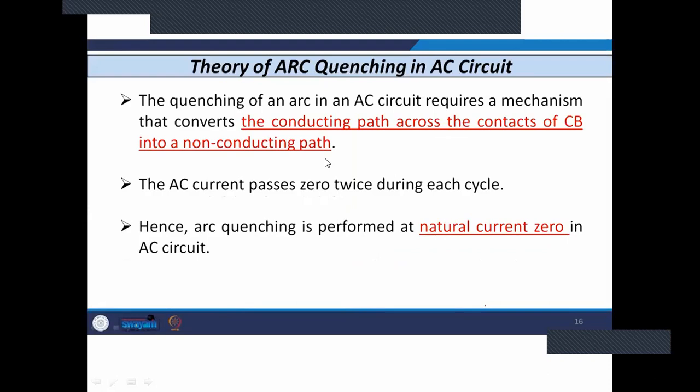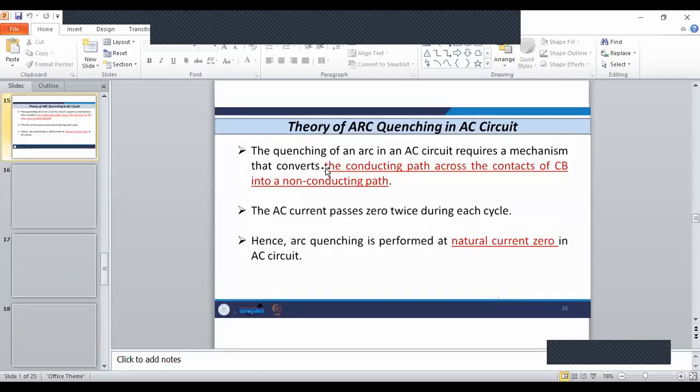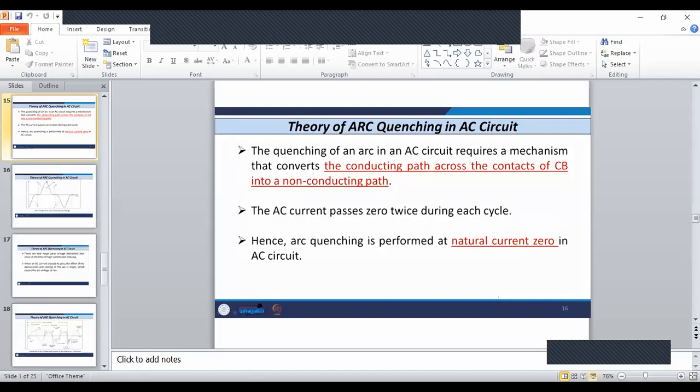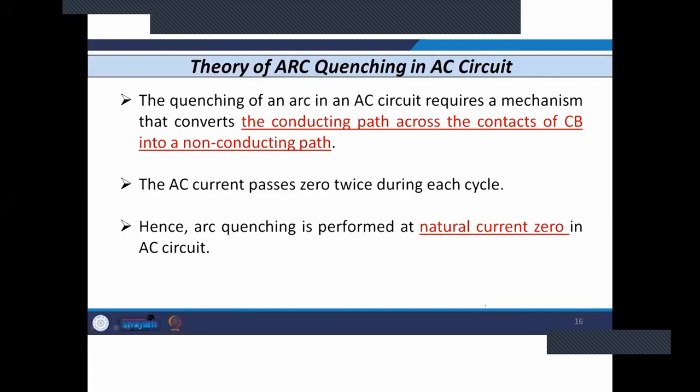The theory of arc quenching in AC circuits. The quenching of the arc in the AC circuit requires a mechanism that converts the conducting path across the contacts of the circuit breaker into a non-conducting path.